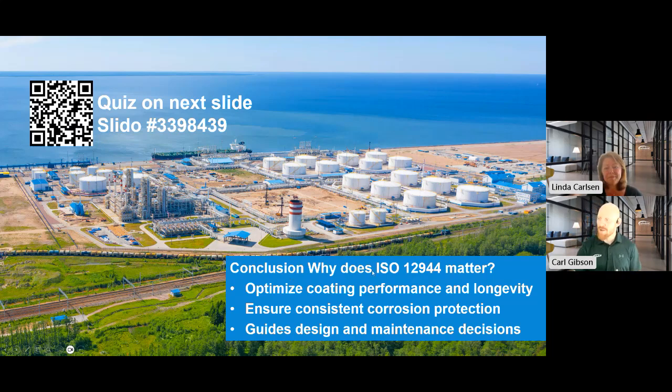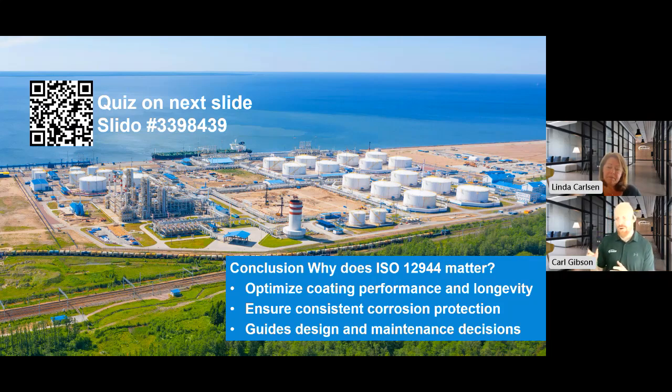But conclusion, why does ISO 12944 matter? It optimizes coating performance and longevity, ensures consistent corrosion protection, and guides design and maintenance decisions. Another way to word this is it allows owners and contractors to choose systems that are right for what they need.